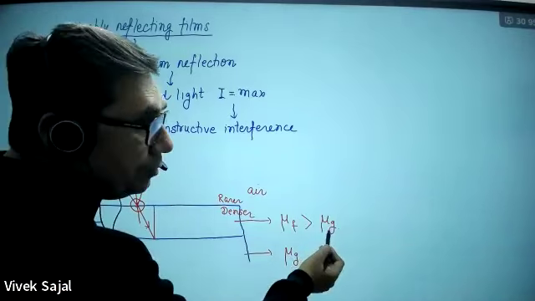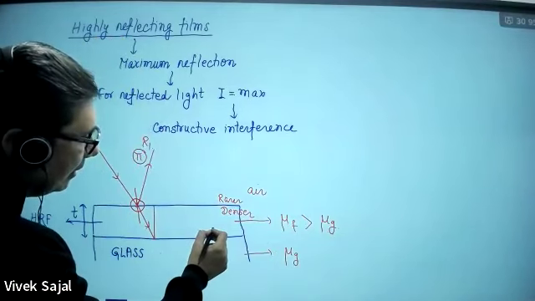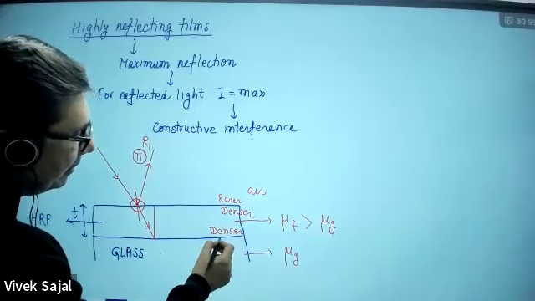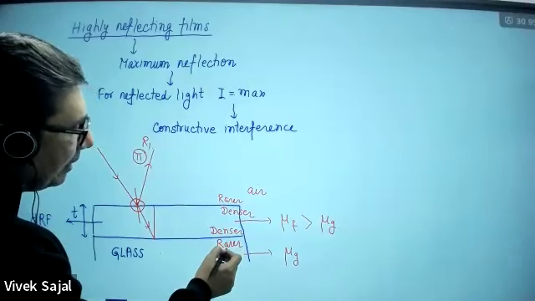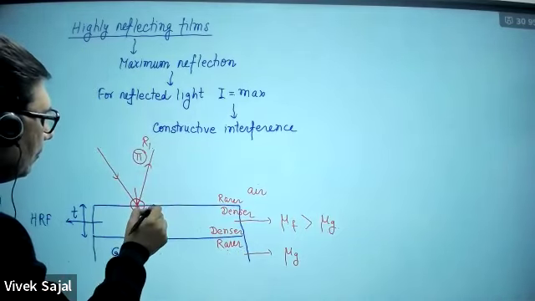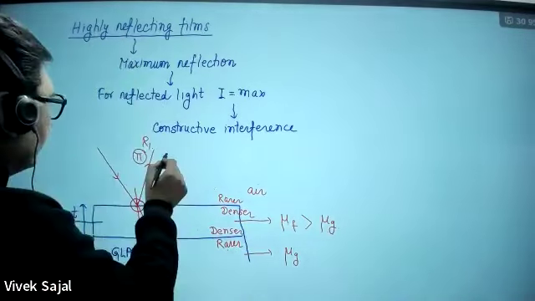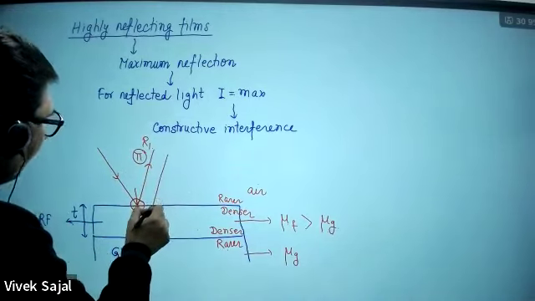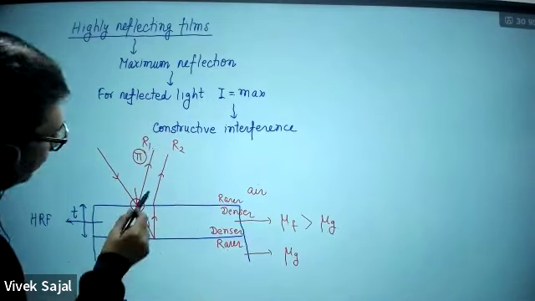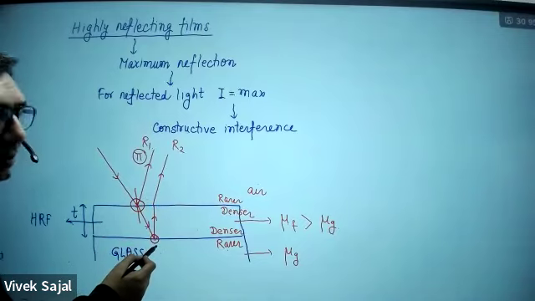But here mu g is less than mu f. So for the second reflection, this is denser and this is rarer. So second reflection is taking place at the rarer medium. You are going to get this second reflected light wavefront after the second reflection, but the second reflection is taking place at the rarer medium.